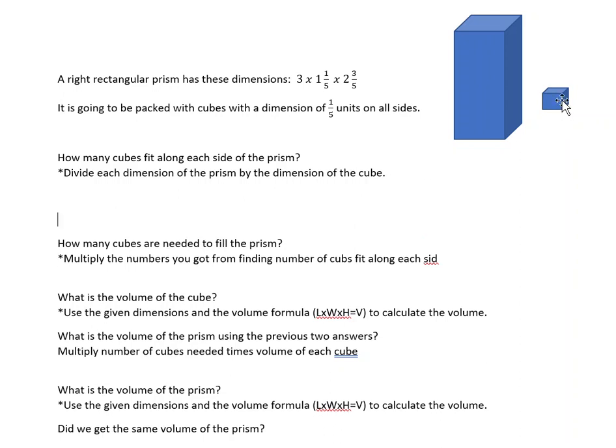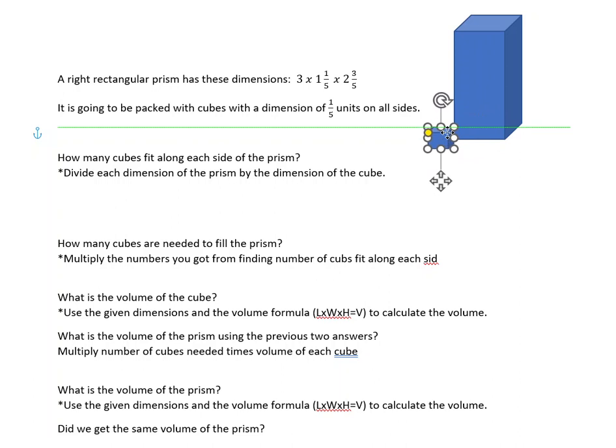Well, if I've got 1/5 and I'm trying to see how many go along the side of the prism, I need to know the total length of the side, and I need to divide it by the size of the group here. So if I've got a total length of 3, I need to take 3 and divide it by groups of 1/5 to see how many groups of 1/5 will fit in 3.